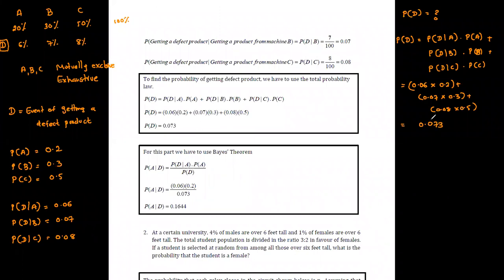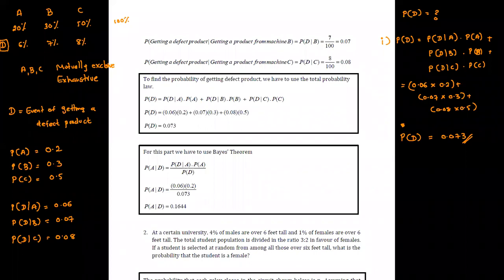We have obtained the value for P(D). P(D) is equal to 0.073. This is the answer for the first part.